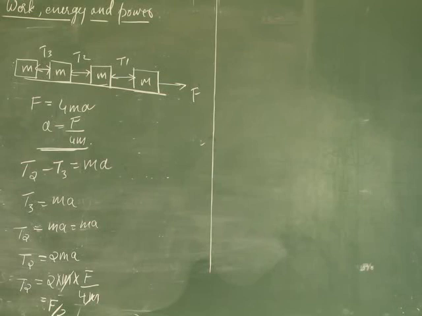Next, what is there here? In the next case, m2g is going downward, so m2g minus T equal to m2 into a. If you add these two, what you get is m2 into g is equal to m1 plus m2 into a. Correct?